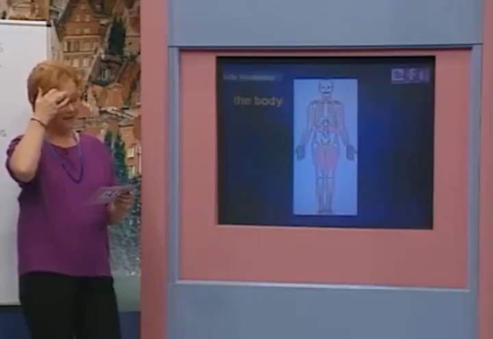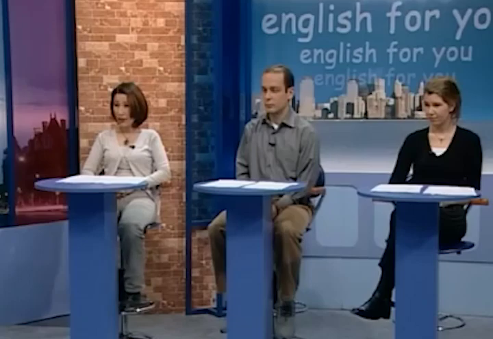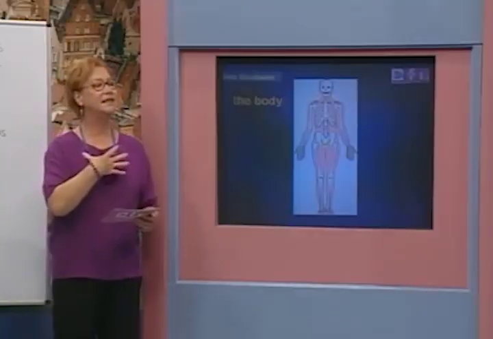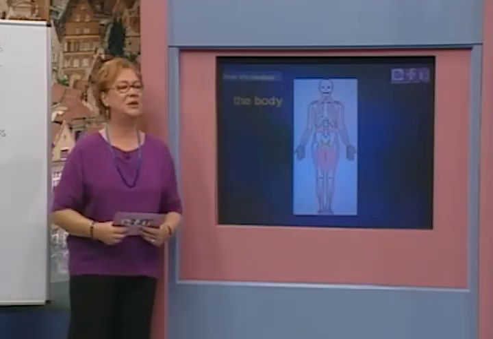They're toes. Yes, great. Susan, what's this? It is a back. Yes, that's right. What's this? It is a shoulder. Yes. What's this? It is the chest. Yes. And what's this? It is the stomach. Yes, very good. Thank you.